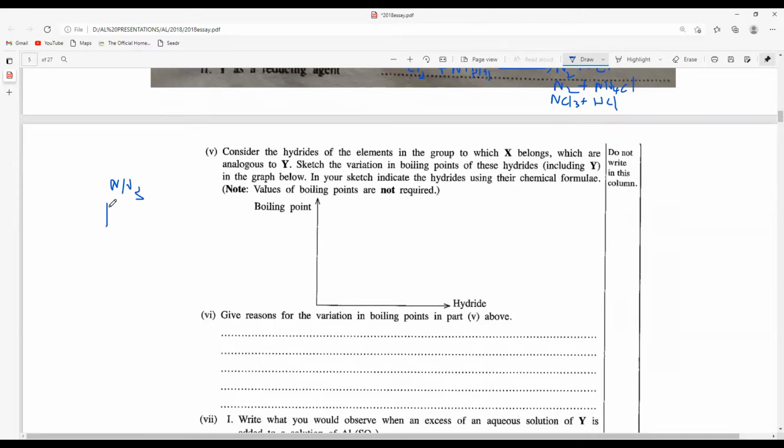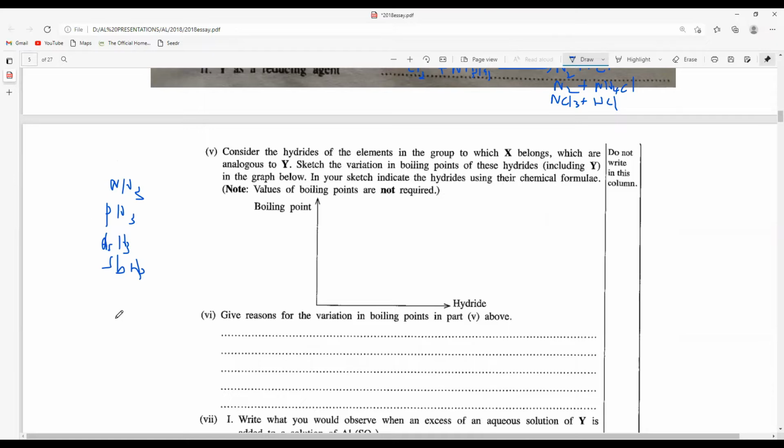Below we have PH3, and then we have AsH3, arsenic, and then antimony, SbH3. Sketch the variation in the boiling points of these hydrides, including Y, in the graph below. In your sketch, indicate the hydrides using the chemical formula. Values of boiling points are not required.